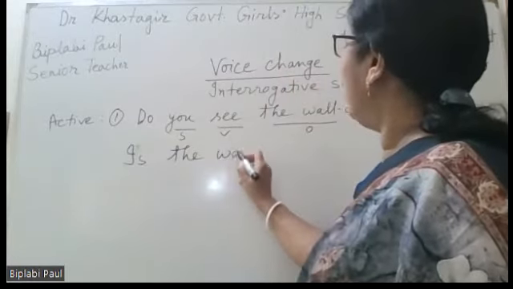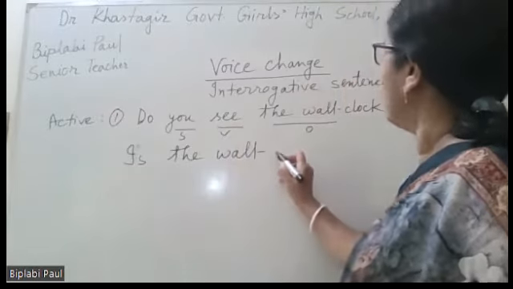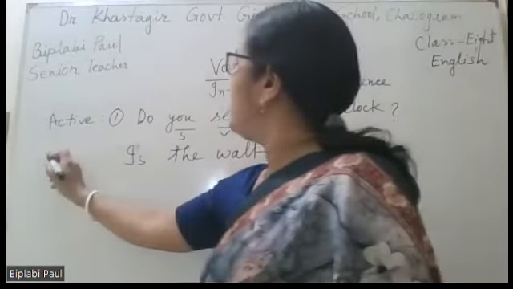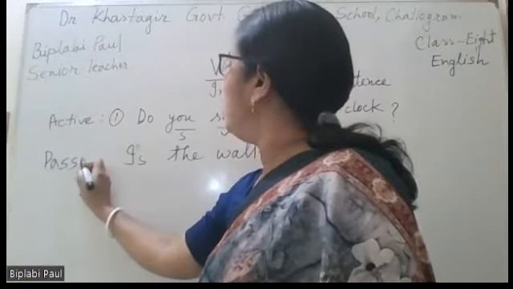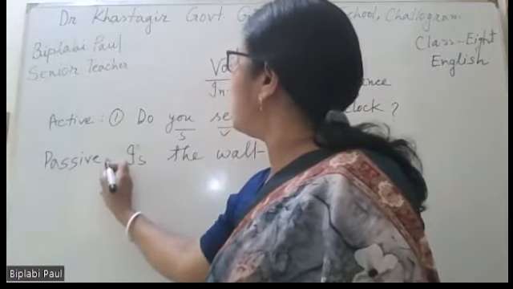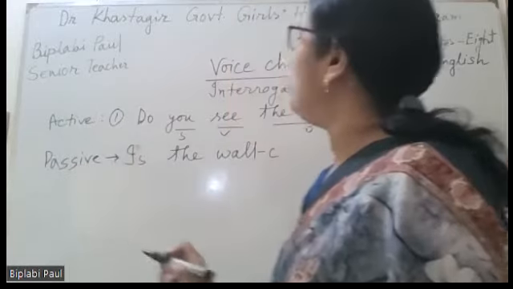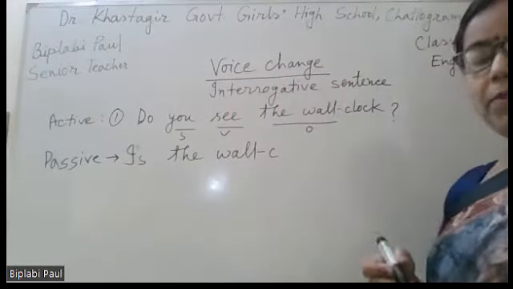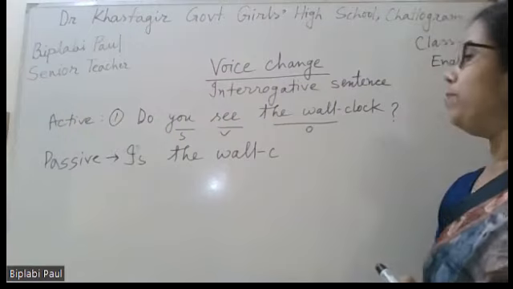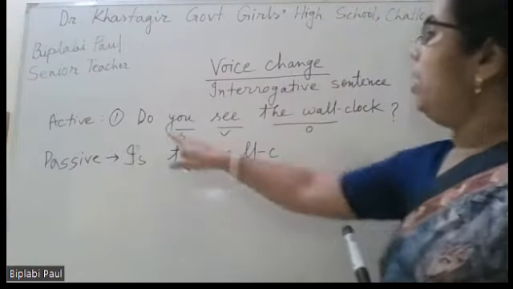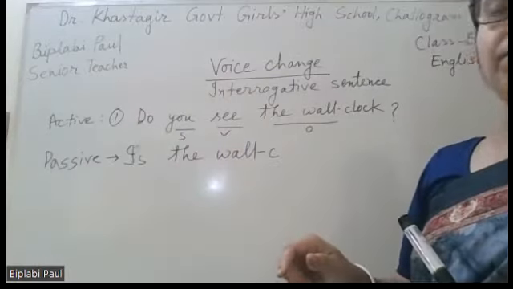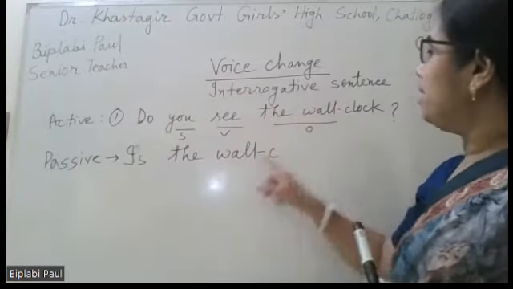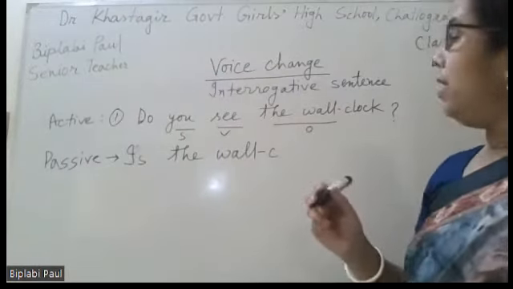Is the wall clock seen by you? It is passive. You know, voice is of two types, active and passive. From active, we have to make it passive. Sometimes from passive, we have to make it active. So when we see do or does, you have to write according to the object, am, is, are.